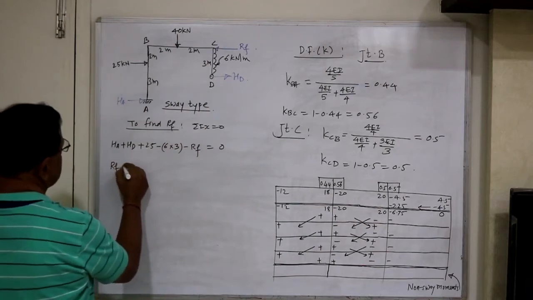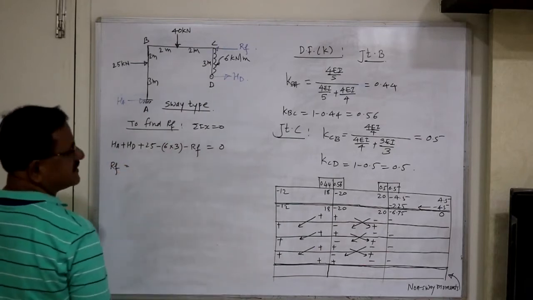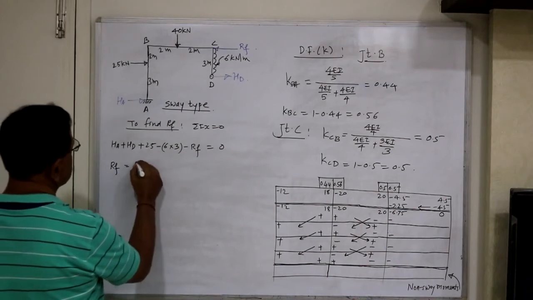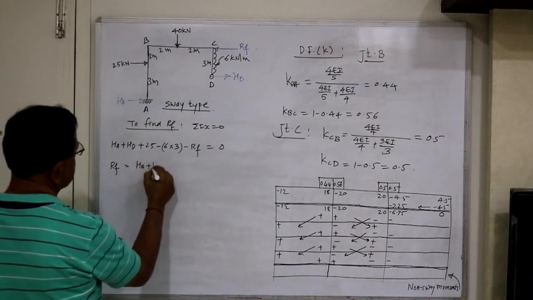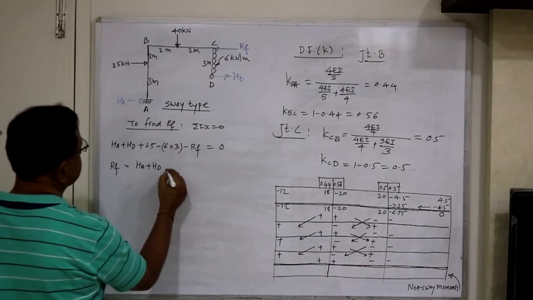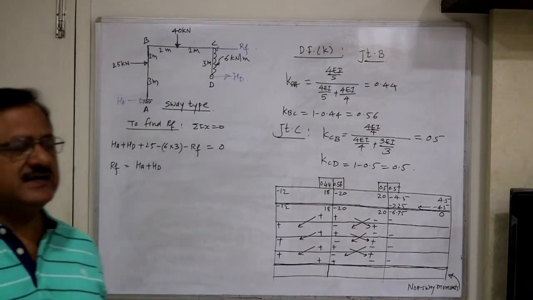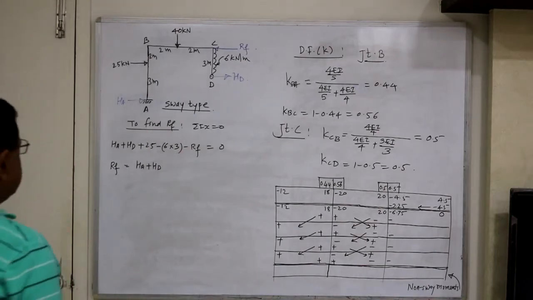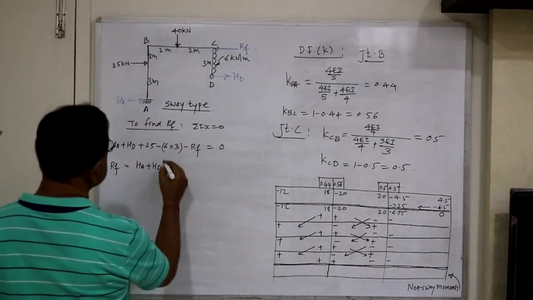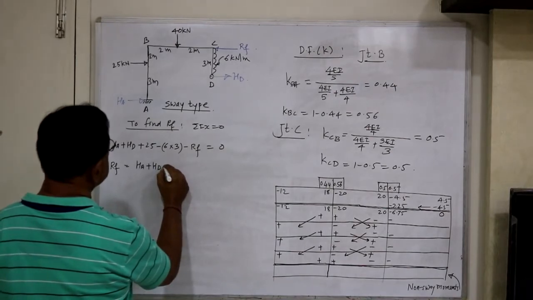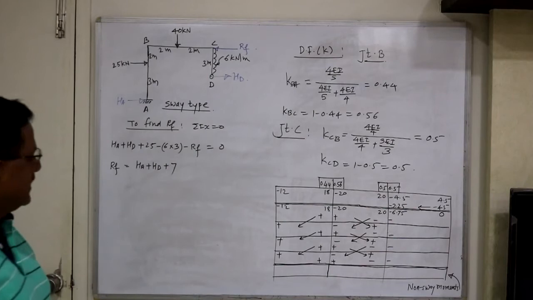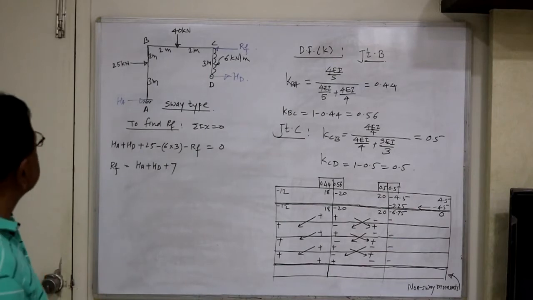That means the value of RF, if RF is taken on the right, is equal to HA plus HD, and this is 18, 25 minus 18, 7. This is plus 7. Okay, means now HA and HD are required.